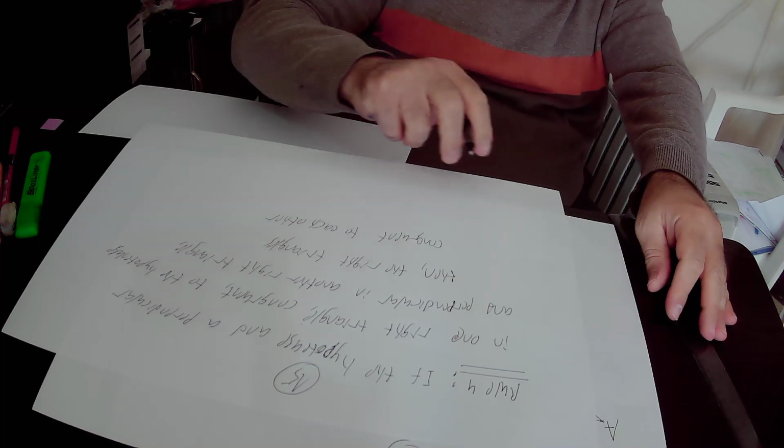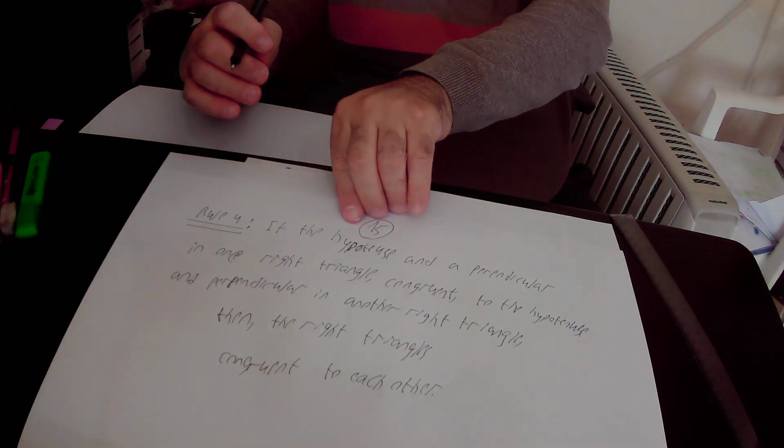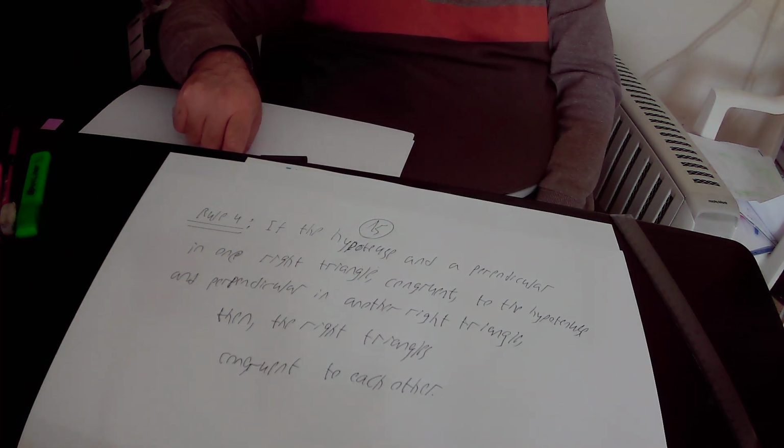I will repeat rule number 4 again. According to rule number 4, if the hypotenuse and the perpendicular in one right triangle are congruent to the hypotenuse and a perpendicular in another right triangle, then the right triangles are congruent to each other.